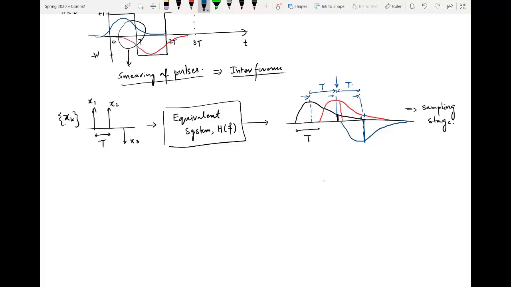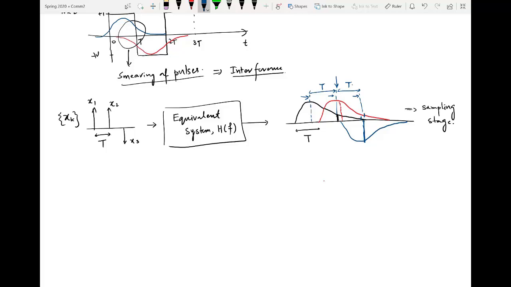So now the purpose of the receive filter design is to design such a filter which can mitigate intersymbol interference, at least at the sampling instants, because we are not concerned with what is happening at other times.